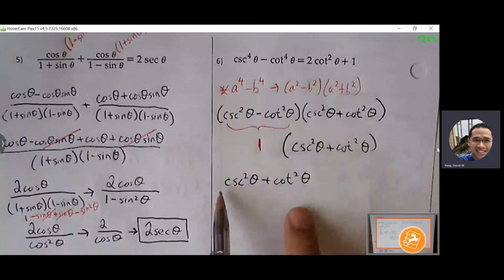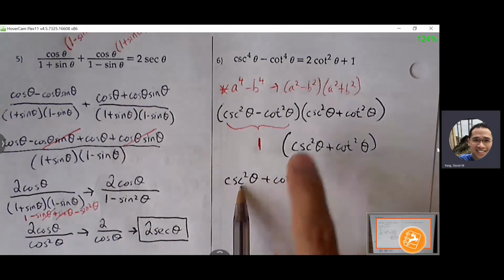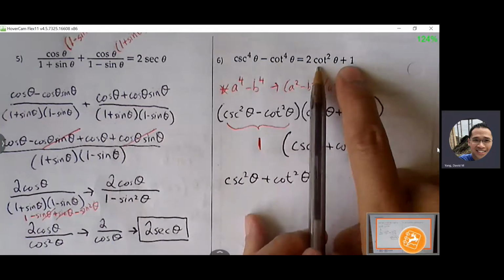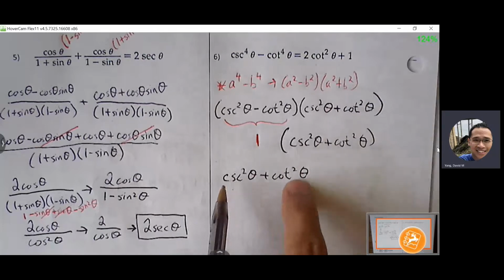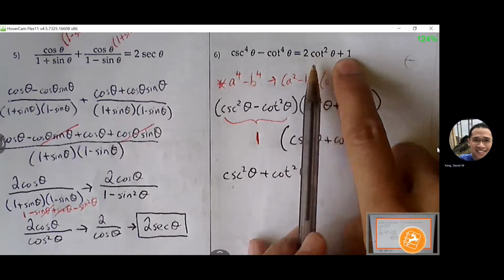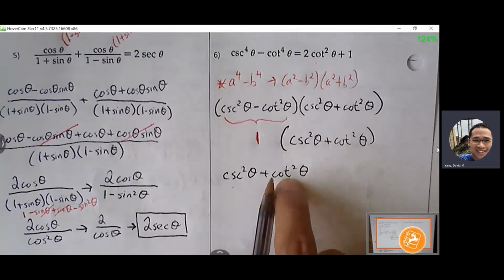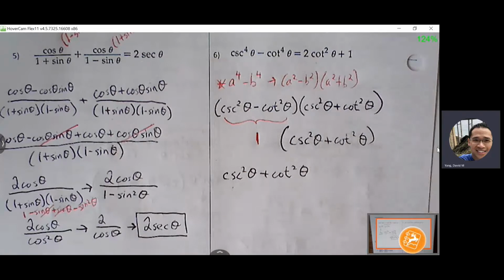It does, yeah. So I'm leaving it in this form for now because I always want to take a look at my right side to see which do I want to replace to get closer to my goal. I'm not going to replace the cotangent squared because it's already in terms of cotangent squared. I want this cosecant squared to go away.